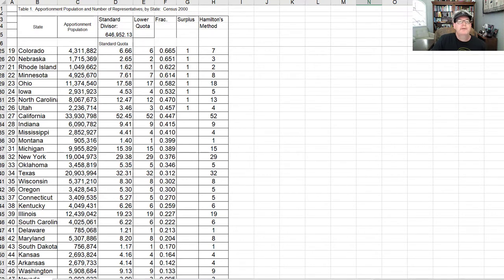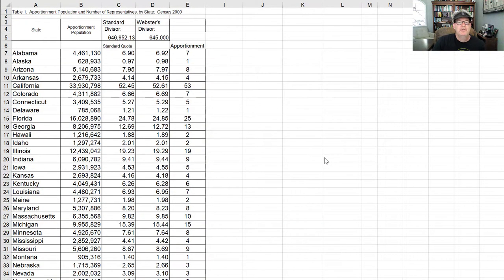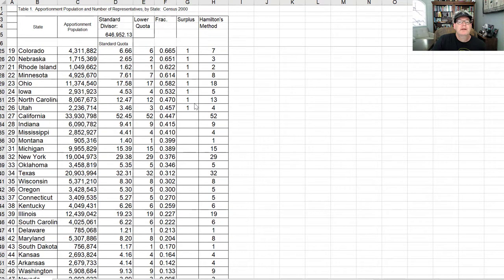Instead of North Carolina and Utah, it's California and Utah. So California benefited. California would not have gotten the seat with Hamilton, but it did get it instead of Utah.